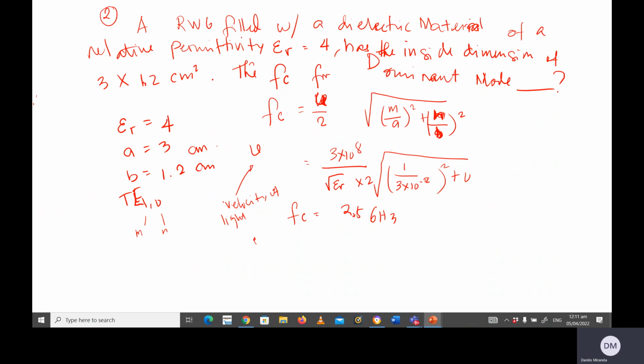That's the dielectric. Okay? So 2.5. Okay. Ito ang sagot, for dominant mode of 1.0. Alright.